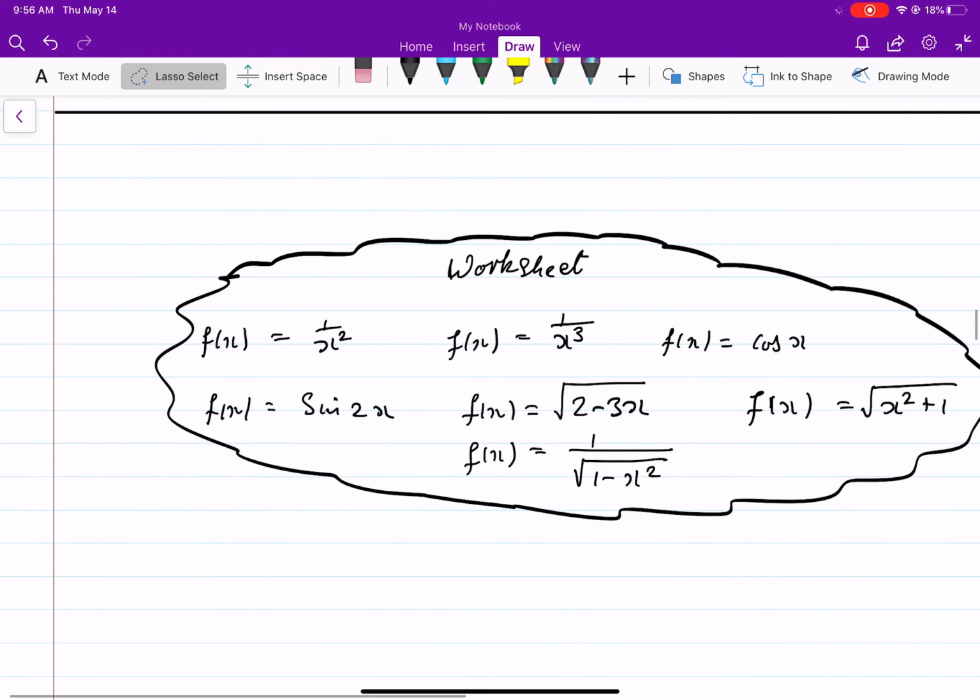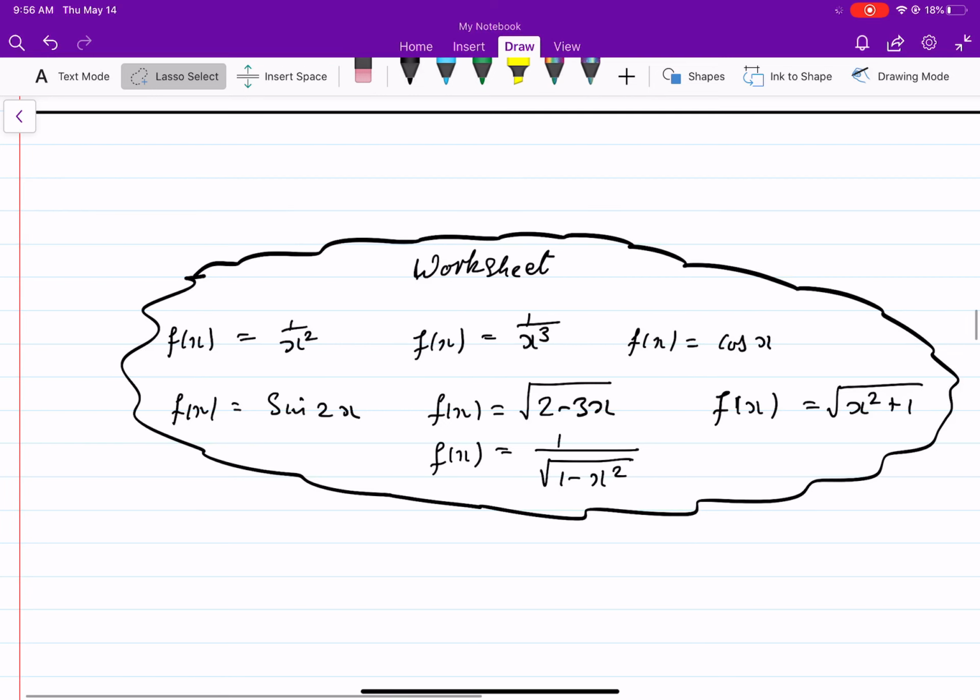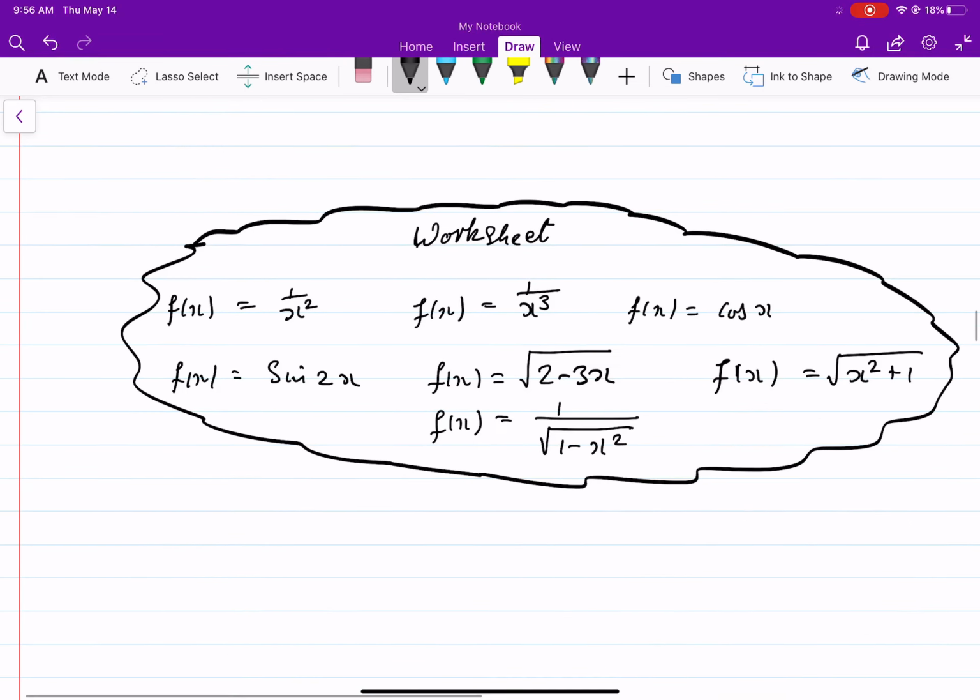Now you have a worksheet this time. Let me modify these a little bit. I did cos 2x, but notice I gave you sine 2x there. I'll put a 5 in front of it, a constant 5 times. Anything else I want to change?